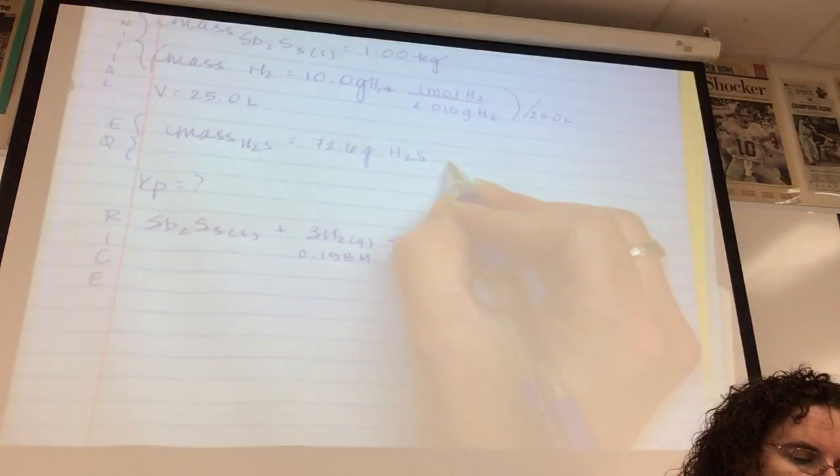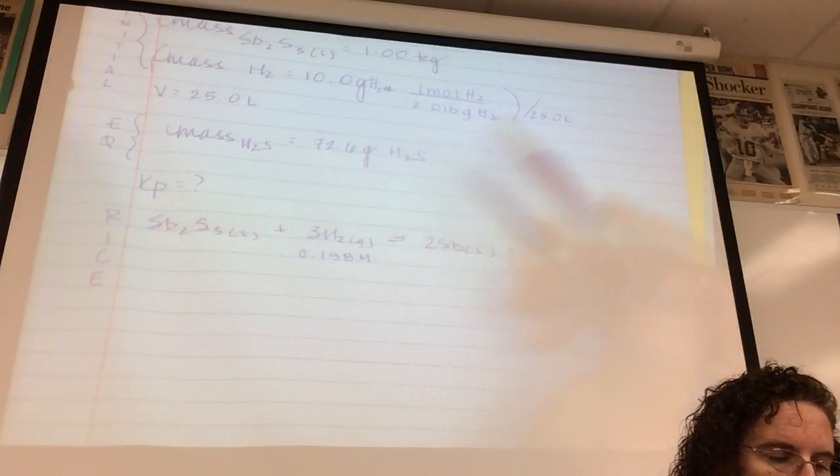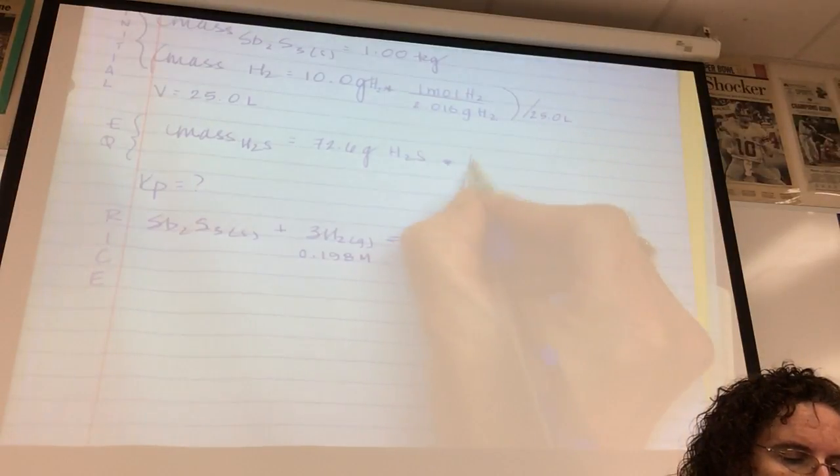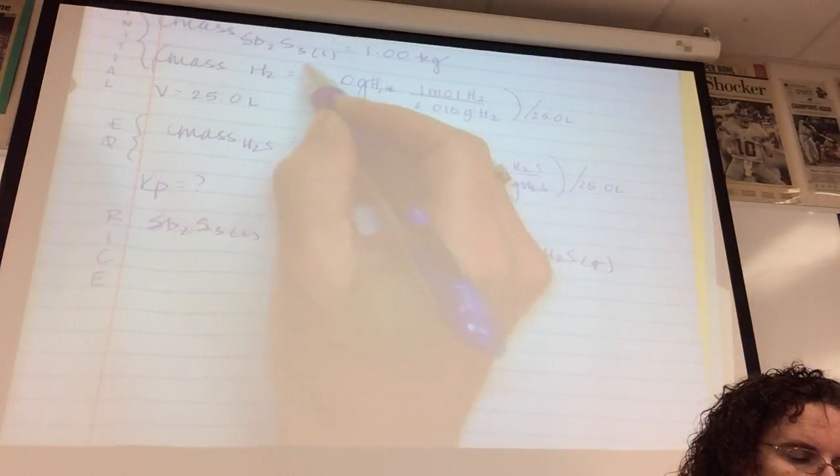And then we also want to work it off this. We have 1 mole of hydrogen sulfide to grams of hydrogen sulfide, and we'll divide that by 25 liters as well.